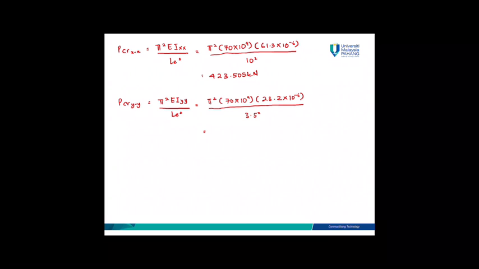This one is equal to the value. After you get the PCR, then we can calculate for allowable load. You know that FOS, factor of safety, is equal to PCR divided by P allowable. We calculate for P allowable at X buckling.